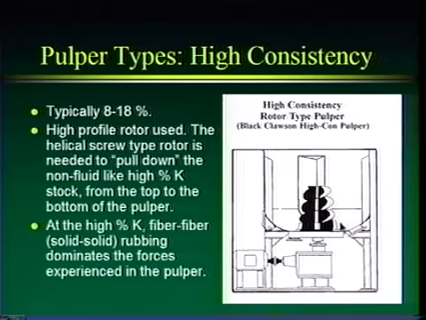That rubbing action is a nice gentle action that can detach inks and toners and contaminants, and it can also defiberize, so separate fiber bundles. So we've got a nicer, gentler rubbing action with high consistency. That's useful for fibers that are pretty sensitive, weak fibers that might break if we applied intense mechanical actions to them.